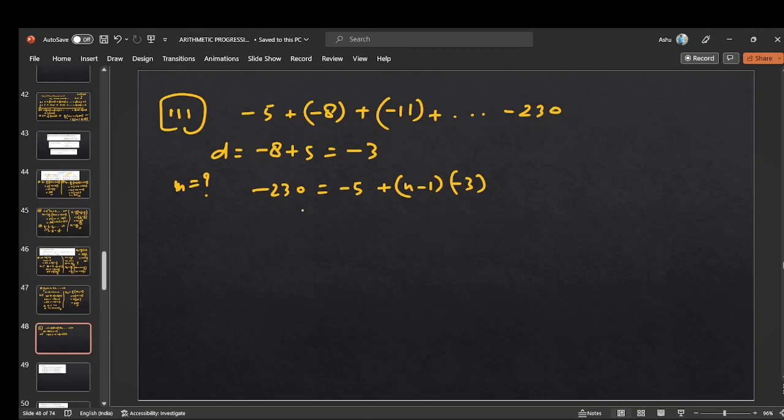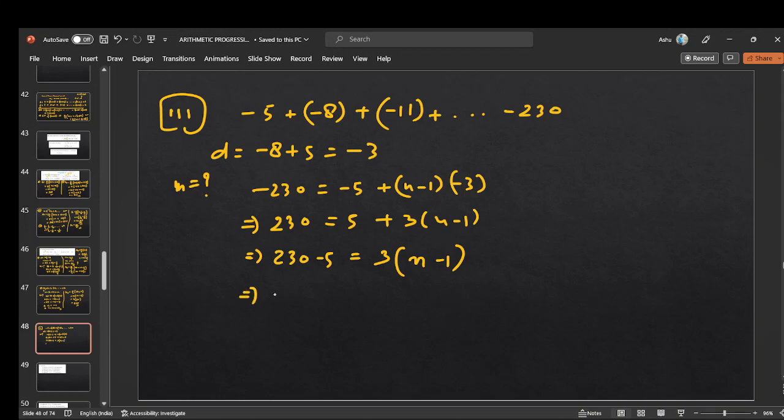Every term exists with minus, so we eliminate this. 235 plus 3 into n minus 1. Then here 230 minus 5, 3 into n minus 1, we got 225.